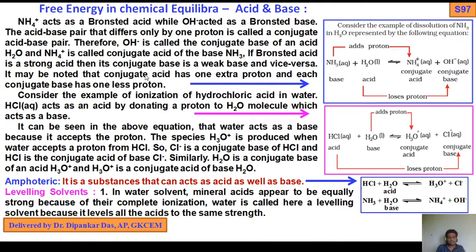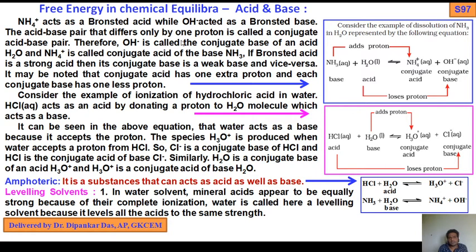So it may be noted that a conjugate acid has one extra proton, and each conjugate base has one less proton. What the Bronsted theory says is that the ammonium ion, NH4 plus, acts as a Bronsted acid, while the OH minus ion acts as a Bronsted base. The acid base pair that differs only by one proton is called a conjugate acid base pair.